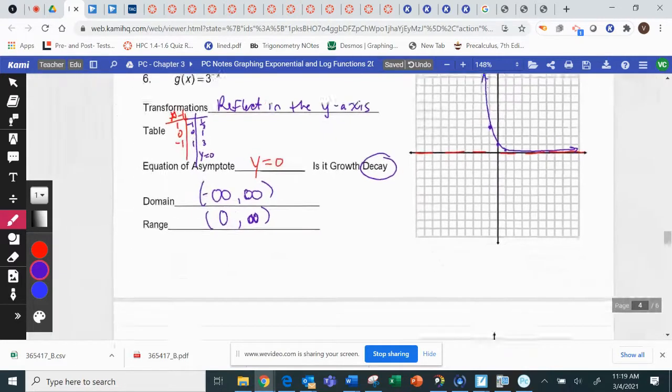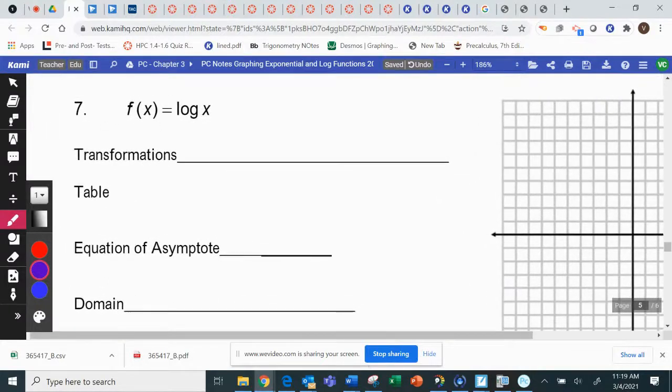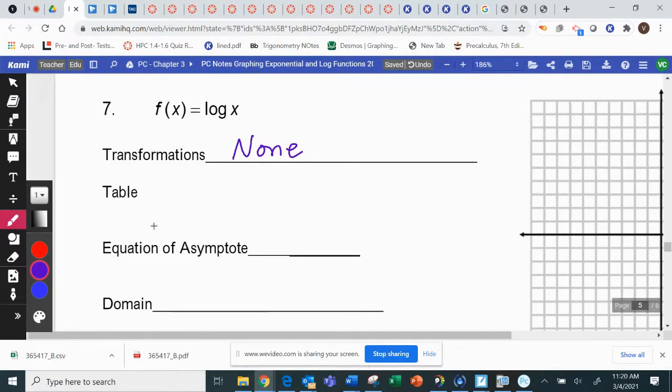All right, let's move on to logarithms. So I look at f of x equals log x. Transformations, none. So this is how I do my logarithms. I think about the base being 10, and I think about what my 10 to the x table would look like.